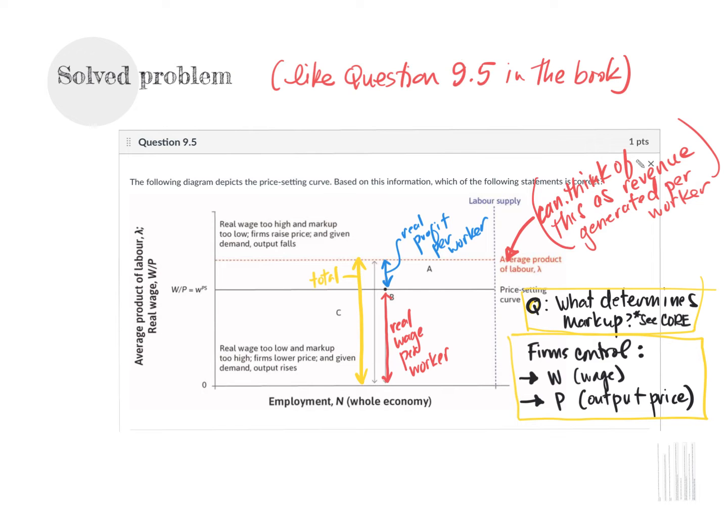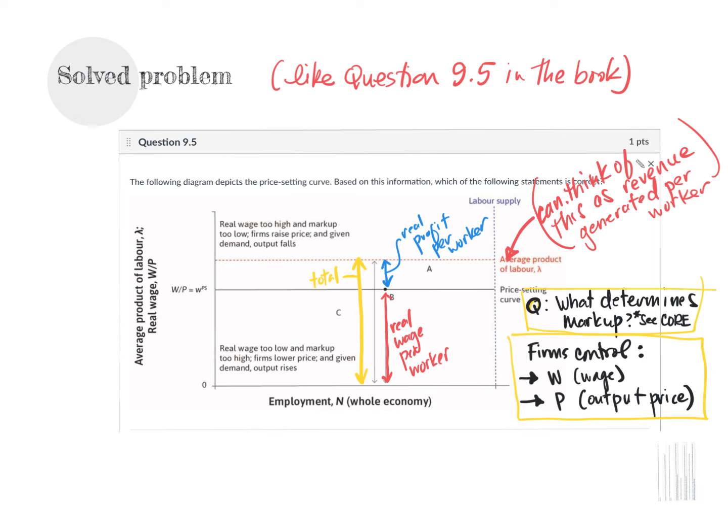Another good word for markup is real profit, right? So we're talking about the gap between the average product and the price setting curve. In other words, the difference between revenues and costs. So if there is a normal level of profit or markup in the economy, firms will revert back to it, right? Because firms that get too high of a profit, either by setting their price too high or their wage too low, will either have nobody working for them if they're setting their wage too low, or nobody buying from them if they're setting their price too high.